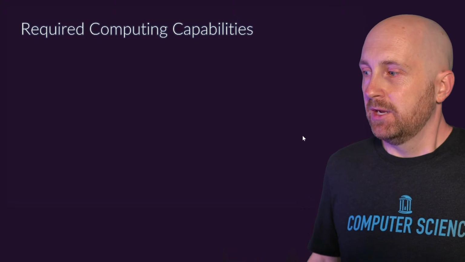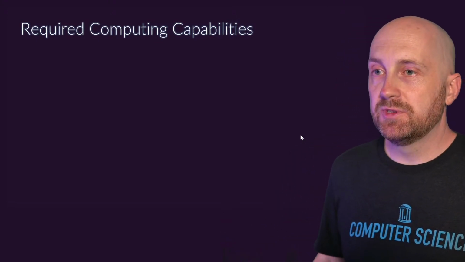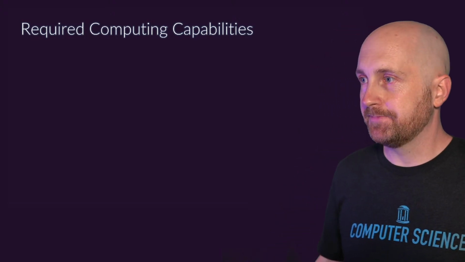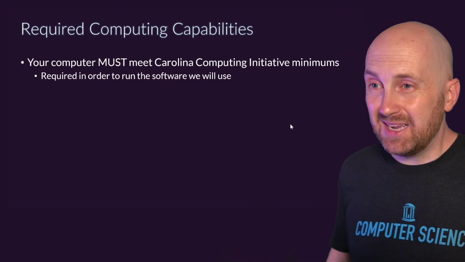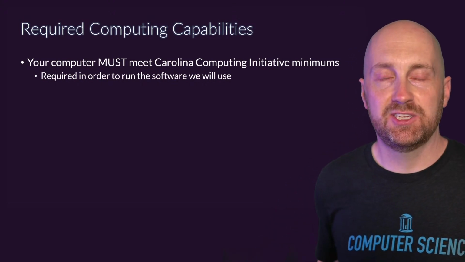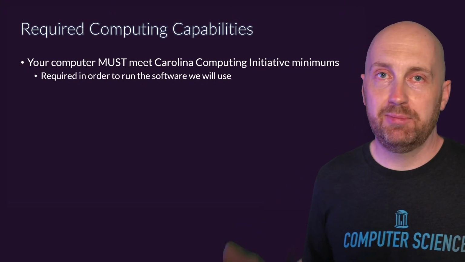All right. So let's talk about the tools that we'll need for success and some required computing capabilities. You must have something that meets the Carolina Computing Initiative standards. All right. So if you bought a CCI laptop, you're golden.